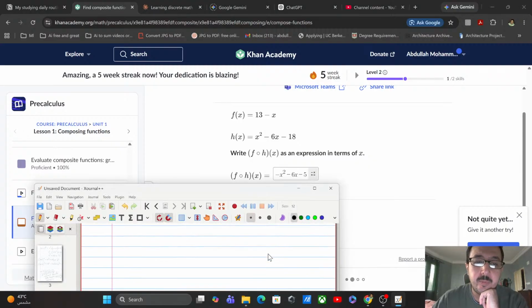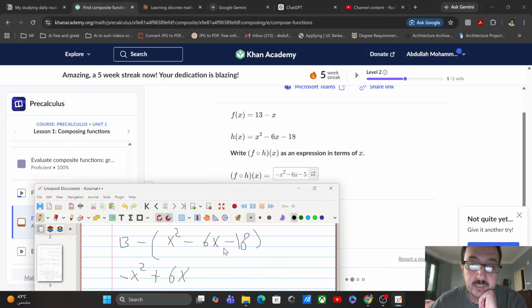First, let's do it the proper way. I got 13 minus, I got x squared minus 6x minus 18. So what happens is we're going to flip the signs. This is going to be minus x squared, and here plus 6x, and here minus and minus, that's a plus 18, but wait, we flipped the sign, I don't think so.